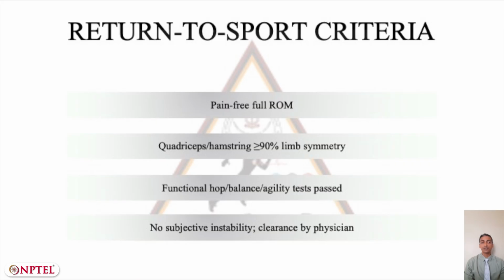There is a difference between being able to perform the hop test and passing the hop test. The ability to perform the hop test is a criterion for phase 3 of rehab, while passing the test repeatedly is a criterion for return to sport. We will be discussing more about the functional tests in following lectures.